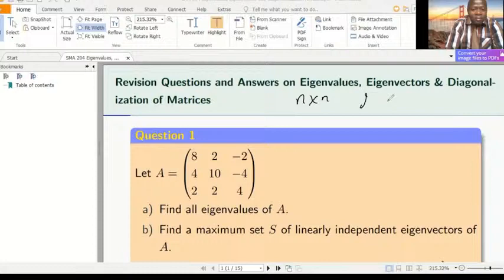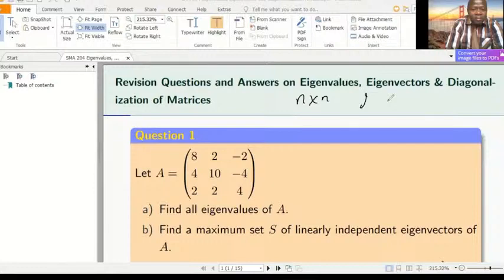This P, the diagonalizing matrix, we already discussed in our previous video: it is the matrix formed when we write the eigenvectors as columns. So this P is a matrix whose columns are the eigenvectors.